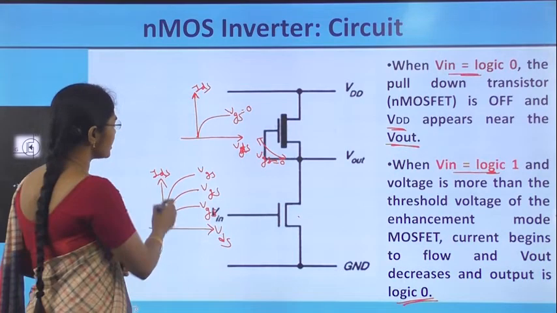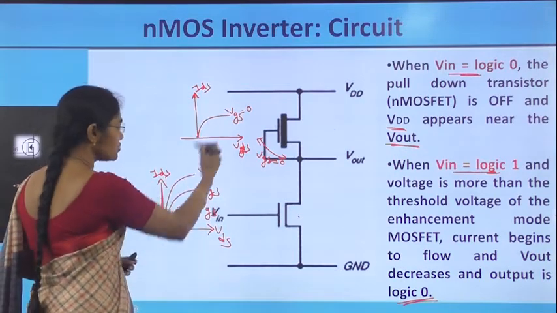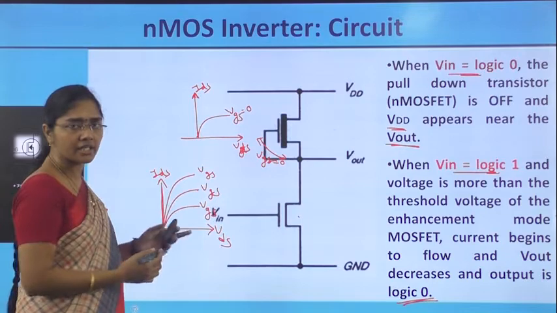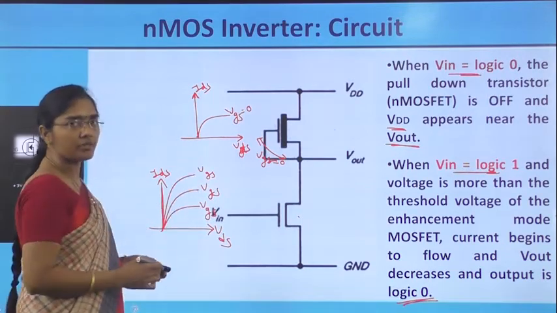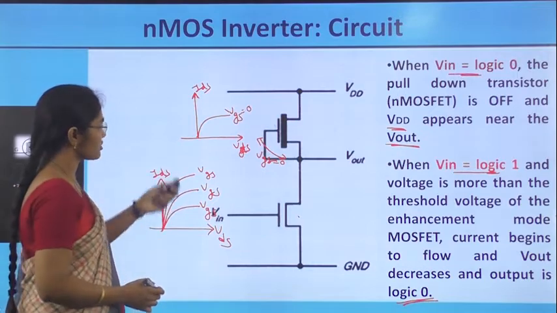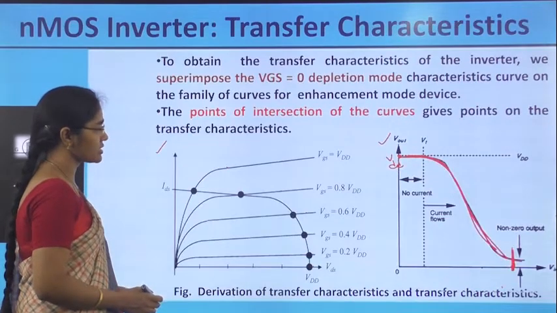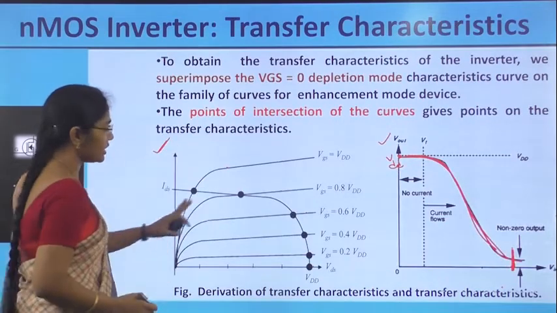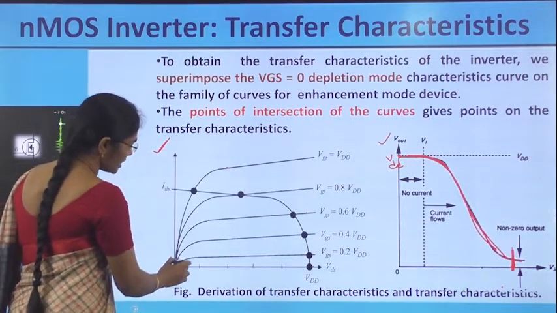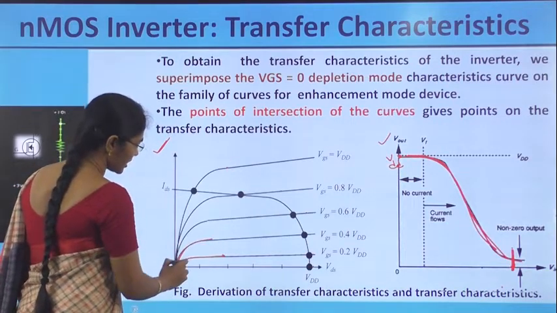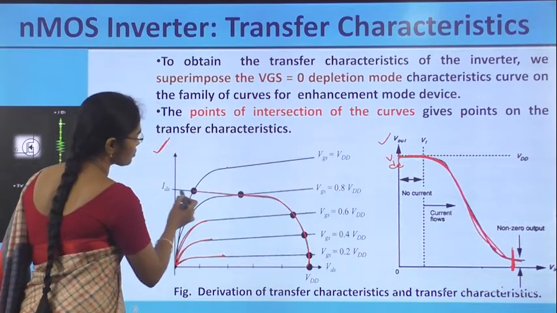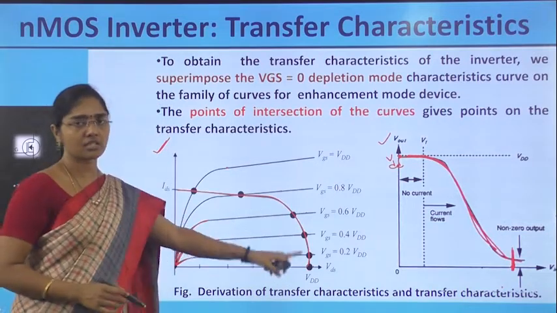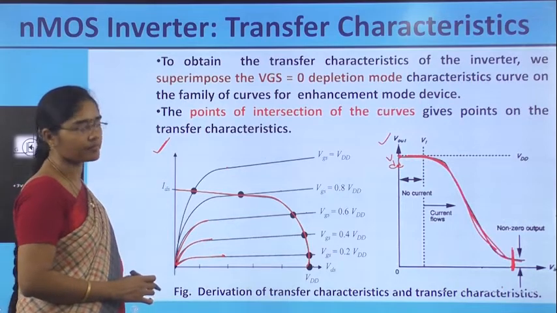Now taking these two current characteristics and overlapping them over one another, we will find the transfer characteristics. So the overlapping of these two characteristics is represented like this. These are the enhancement transistor characteristics, and only one characteristic is used for the depletion transistor, with VGS equal to 0.